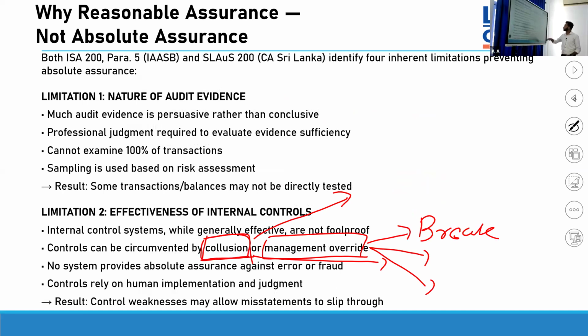Is that clear? If you have any doubts regarding these limitations, please let me know. Is that clear?